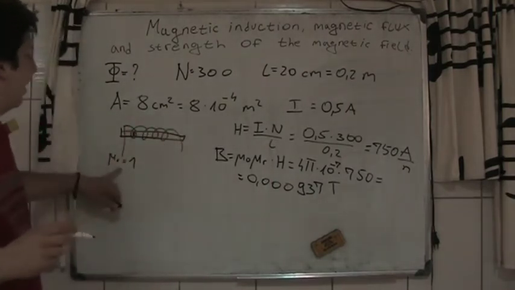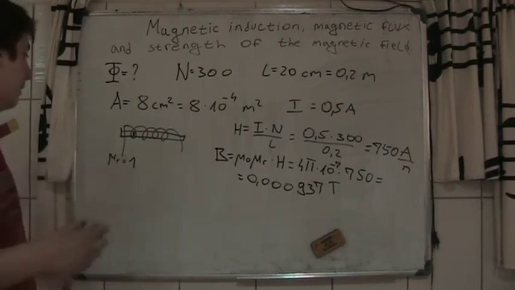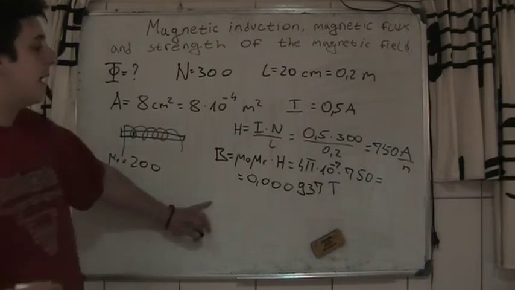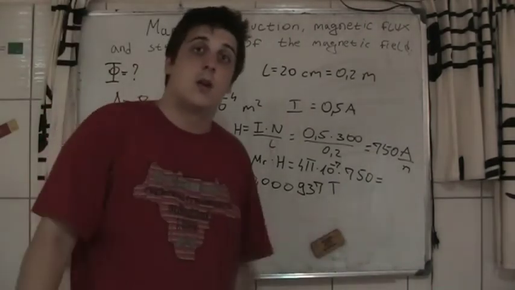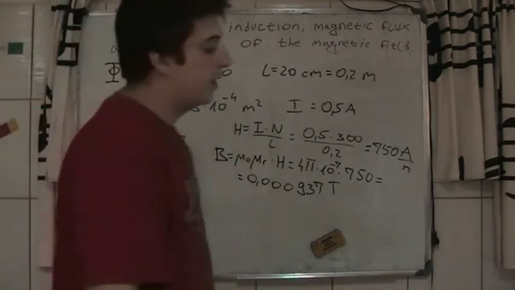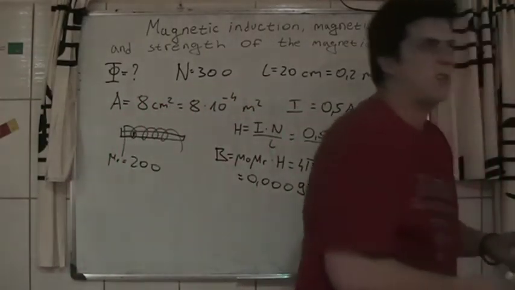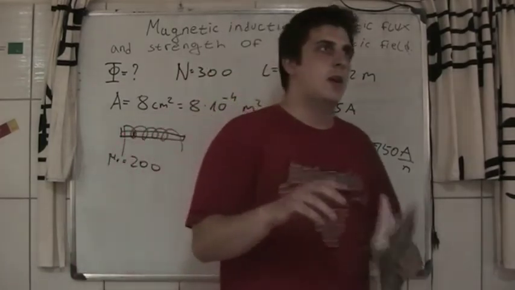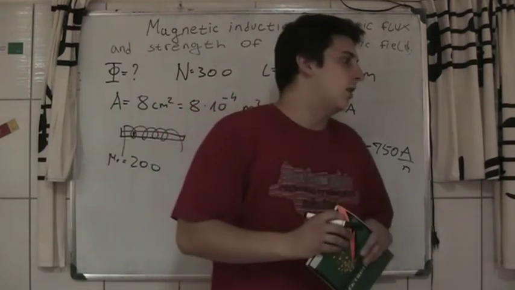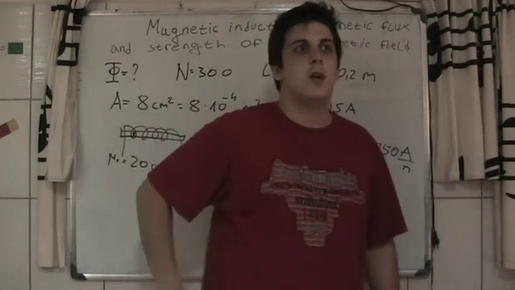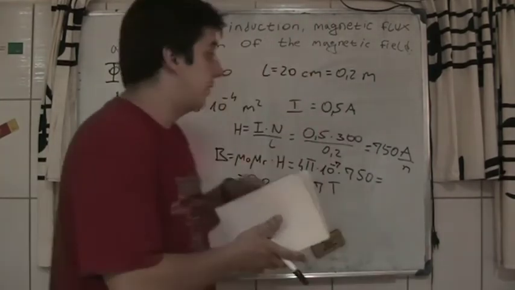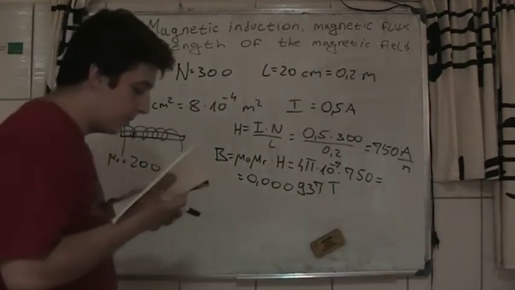So the relative permeability will be, for example, 200, and then you will get a higher magnetic induction. That's why car construction factories, when they move one car to the other, put the solenoid on an iron, for example.